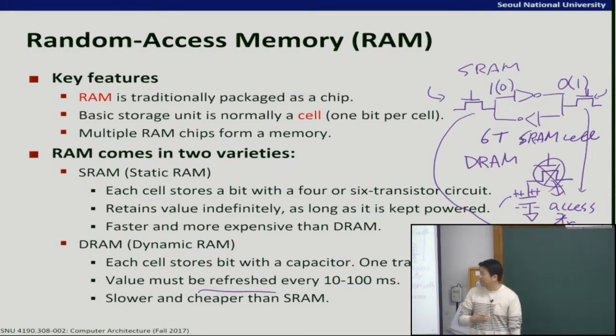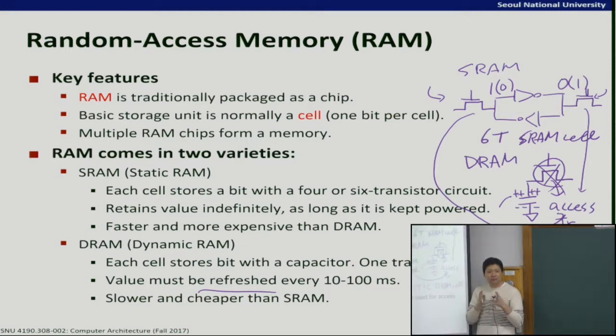Refresh means you have to read the value of the capacitor and write it afresh. I mean, write the same value again. Then this recovers the original value. So that's basically called a refresh.